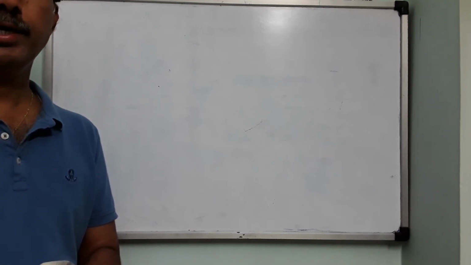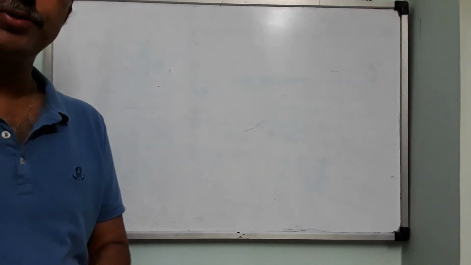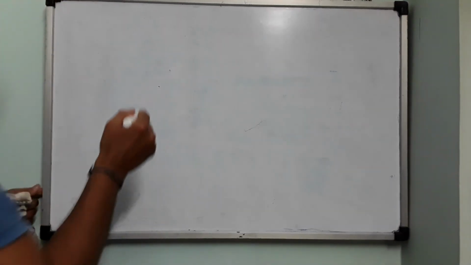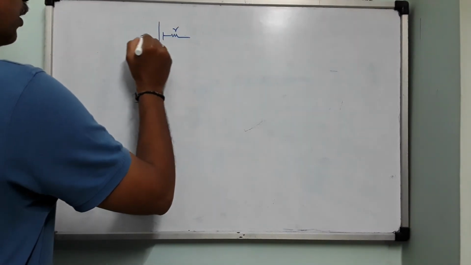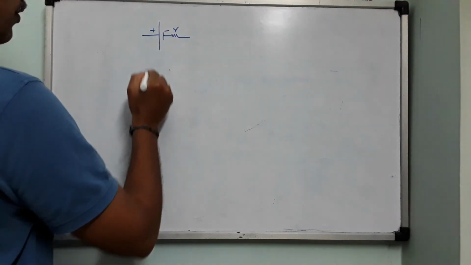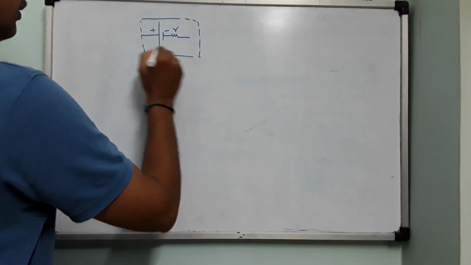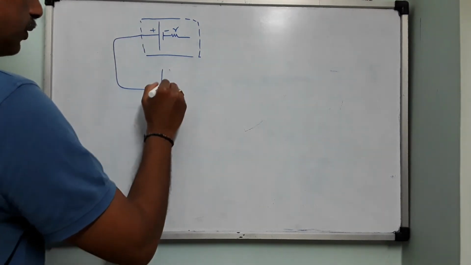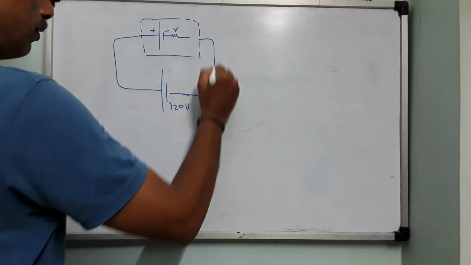Yes, it is possible, when the cell is being charged. This is internal resistance plus minus. So this is your cell. Now if this cell is connected across a very big cell, say a 120 volt battery.